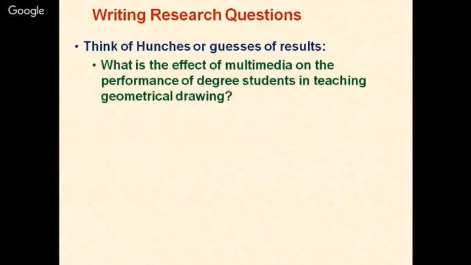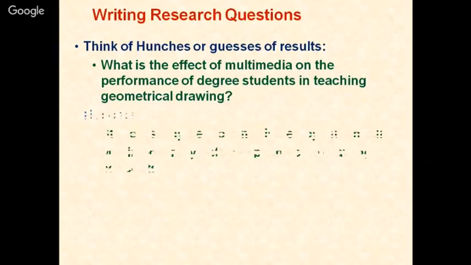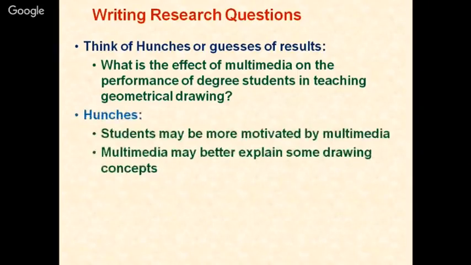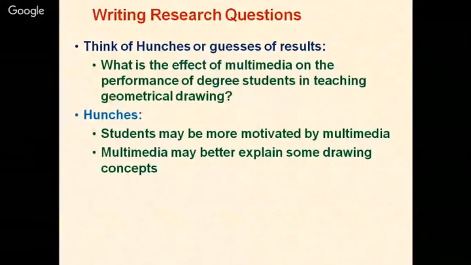Now, you can also think of hints or guesses of results. For example, the topic is, what is the effect of multimedia on the performance of degree students in teaching geometrical drawing? What is the hunch? Students may be more motivated by multimedia, okay, and multimedia may better explain some drawing concepts.